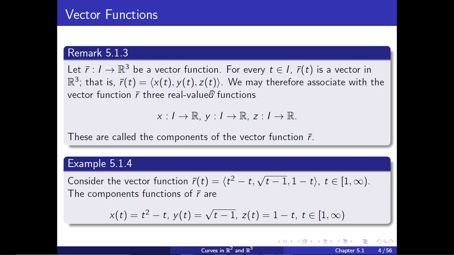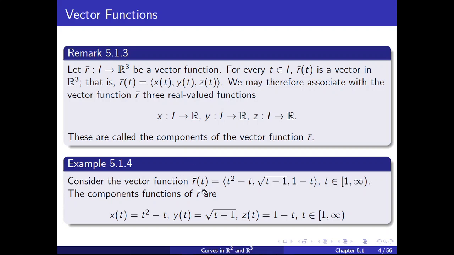So we may therefore associate with the vector function three valued functions x, y, and z, where these are functions from the interval to R, and we call these functions components of the vector function. If you remember, when we defined vectors, we had components. So here we also have components of the vector function. As you can see, it follows from what we already know.